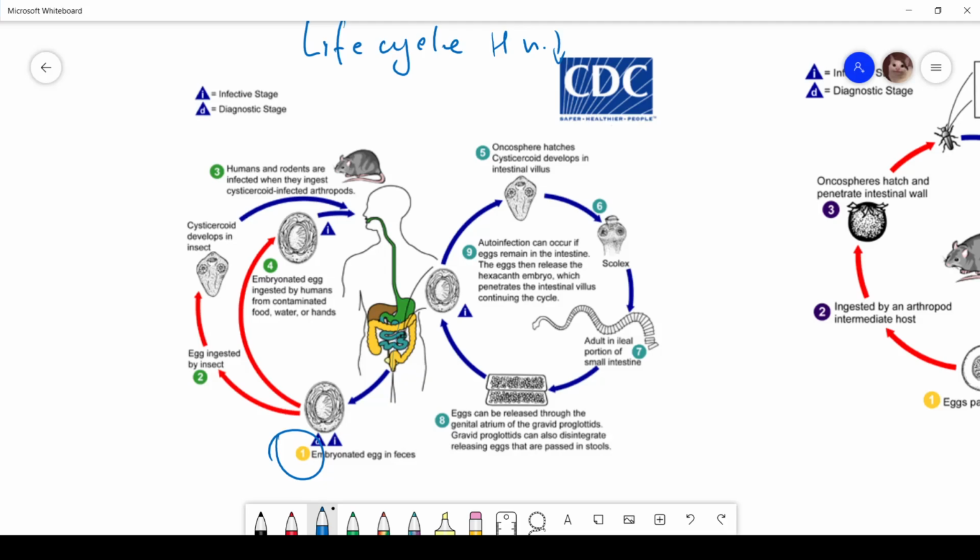When eggs are ingested by an arthropod intermediate host, it is various species of beetles, and fleas may serve as intermediate hosts too. They develop into cysticercoids.